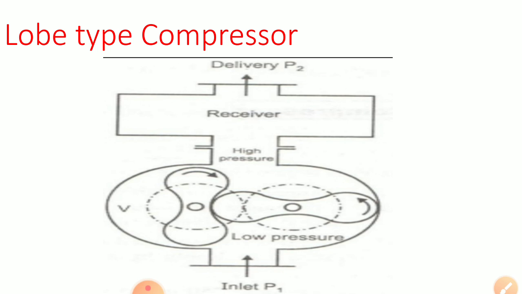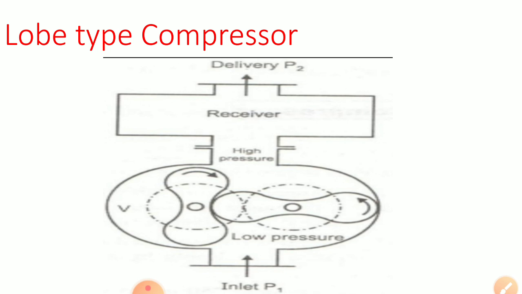Because of that, compression takes place, because the air attains a very small volume between the two lobes or between the casing and the lobes.